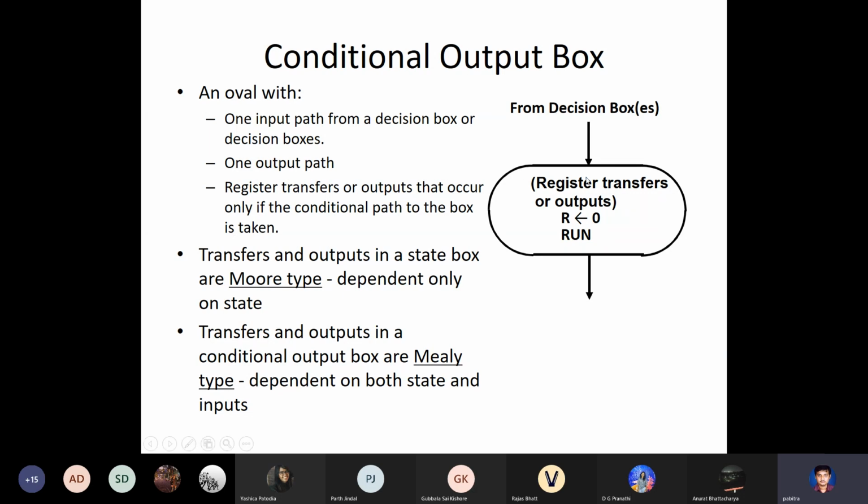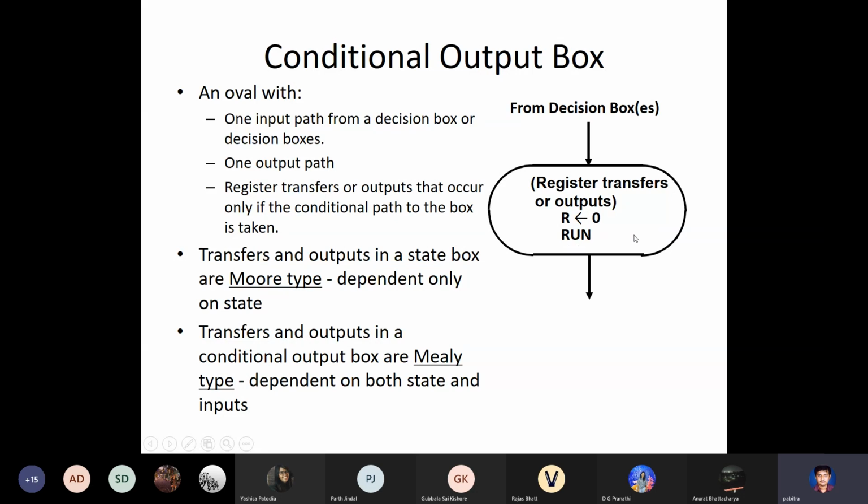So what can happen usually in any block except for the decision block, both the rectangle box and the oval element, you have something called a register transfer, or output. So this register transfer means like this. This is, let's say, an output variable.